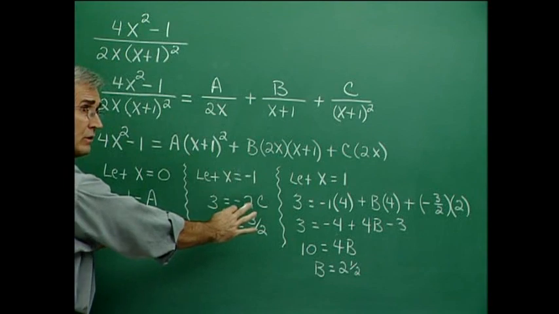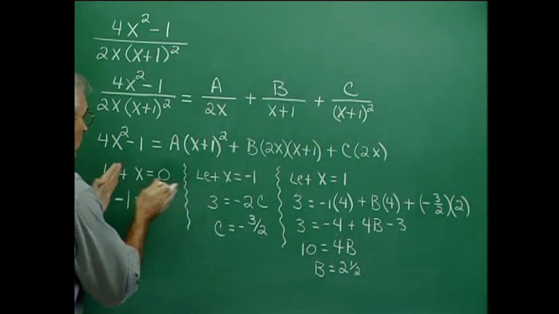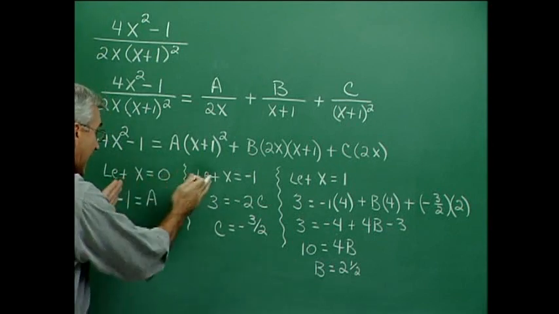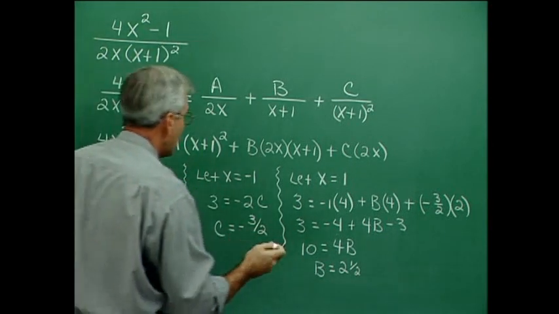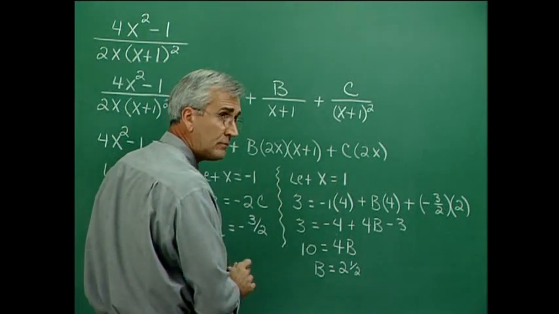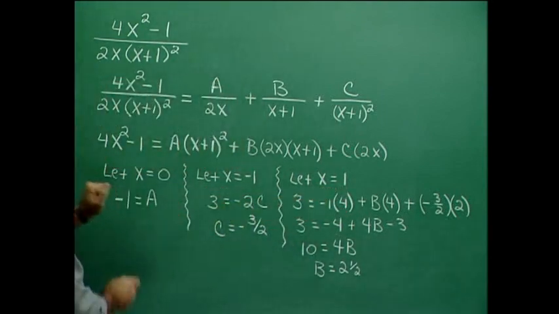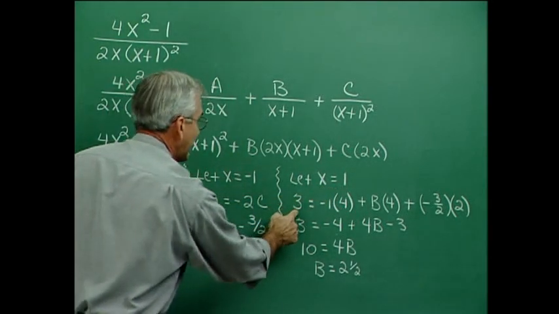Anything we want to, and just fill in the information that we already know concerning both x and the values for A and C, and then solve for B. For example, another value that's really easy for x would be simply 1. Well, if x is 1, then on the left side we would have 1 squared is 1, 4 minus 1 is 3. All right, that's fine.